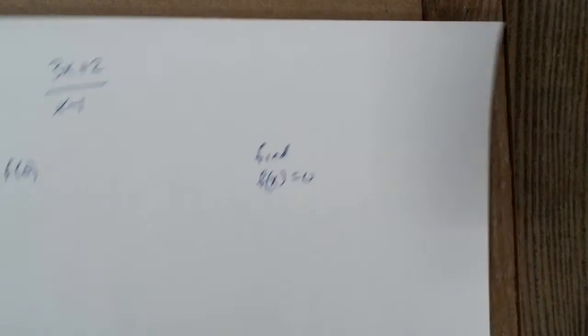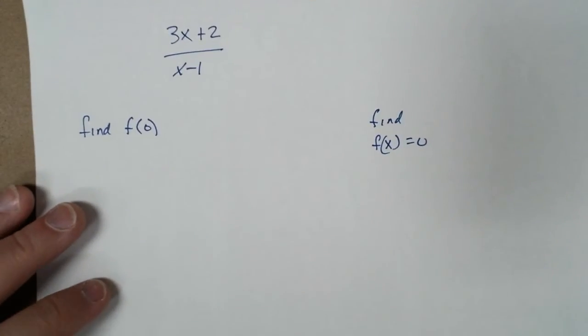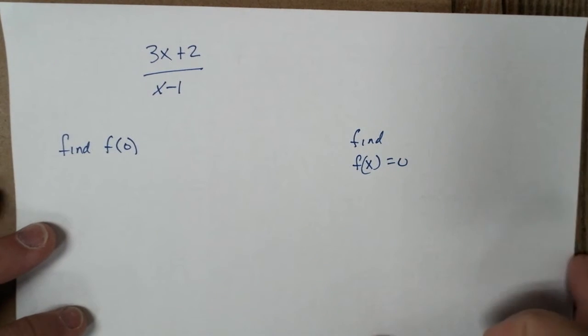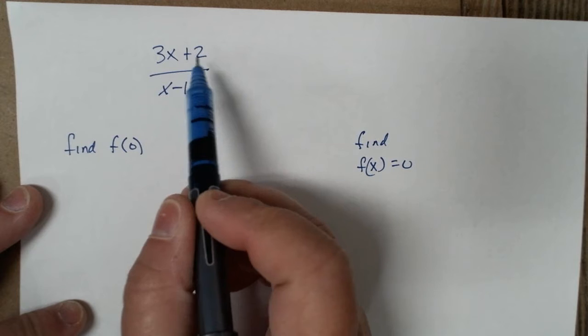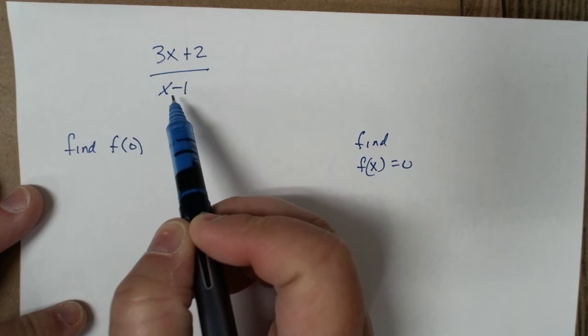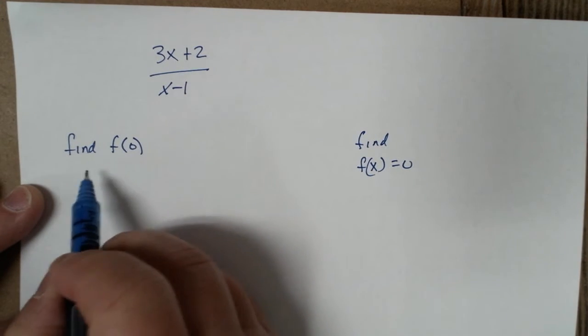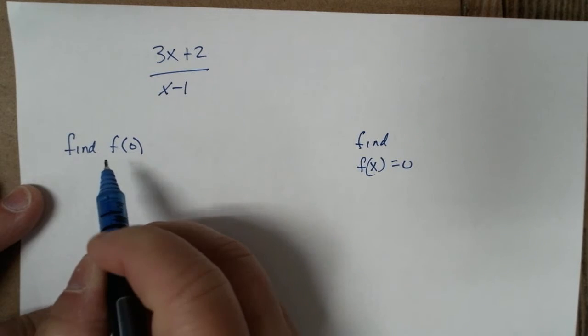So here's a sample problem where I give you an expression. And the expression I made up was 3x plus 2 over x minus 1. And I'm going to tell you to find f of 0.